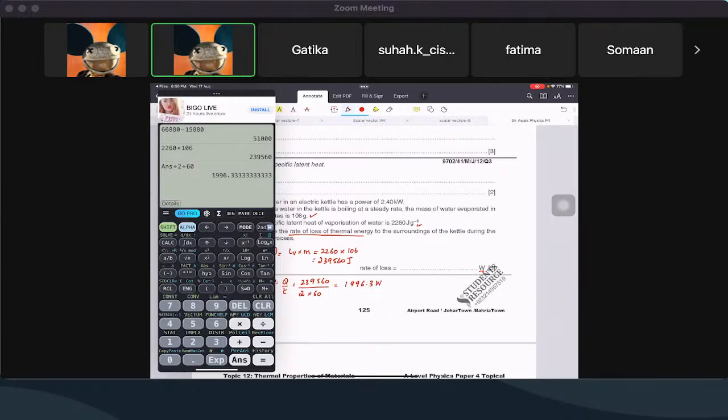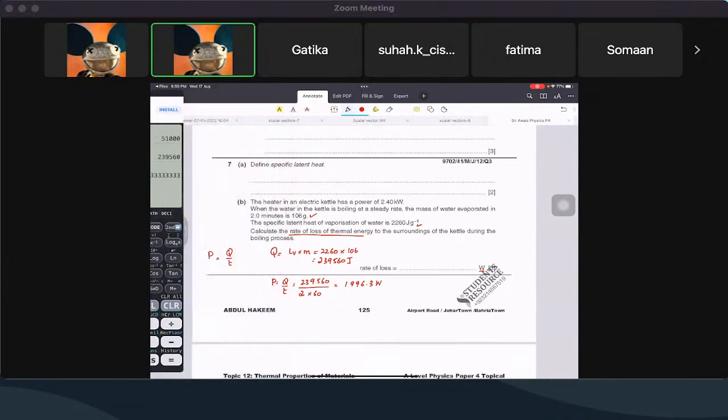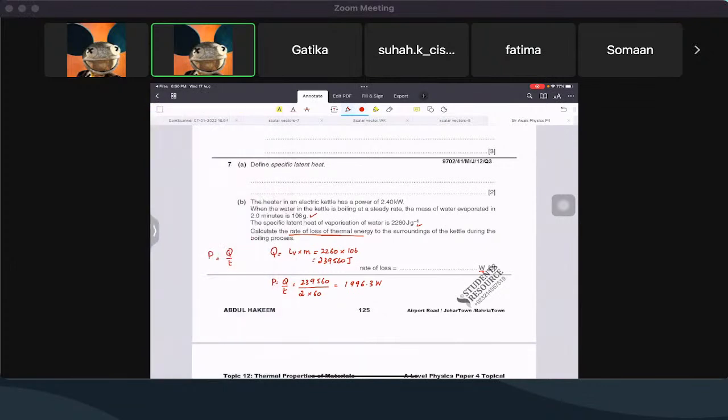Now, the interesting thing is it says calculate the rate of loss of thermal energy. This is the output we are getting. Do you guys agree? However, the input was equivalent to 2400 watts. How do I know this? Because it says the electric kettle has a power, so this is the input. Now we should understand, from O levels, that input is equal to output plus the wastage.